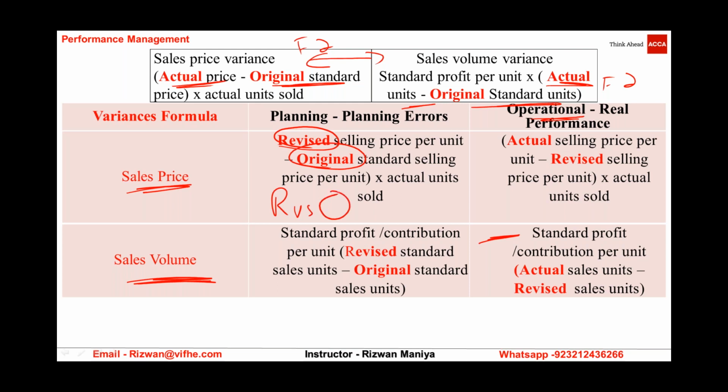So it's vice versa, because in cost, actual cost being more is adverse, while actual sales more is favorable. So this is R versus O, and this is A versus R.